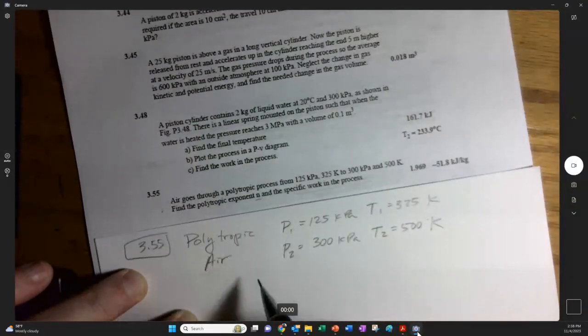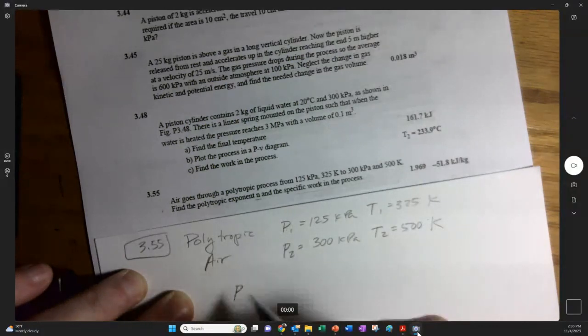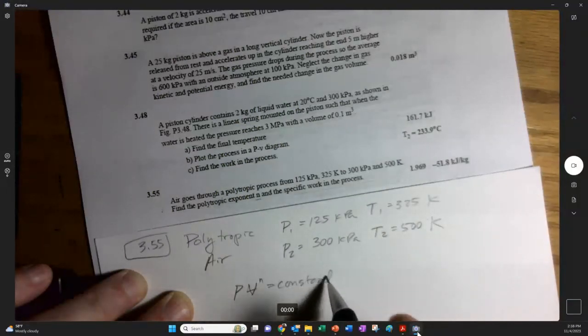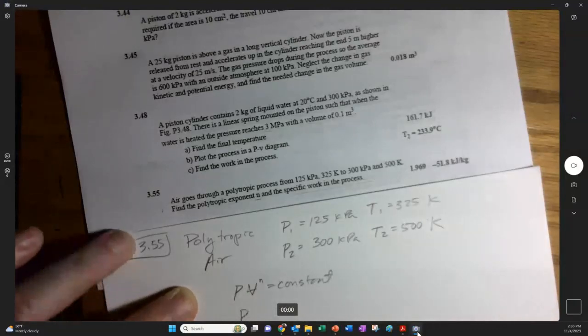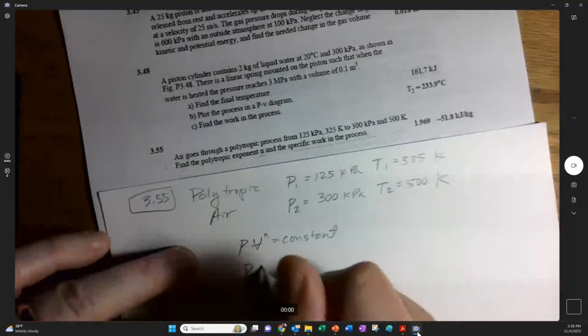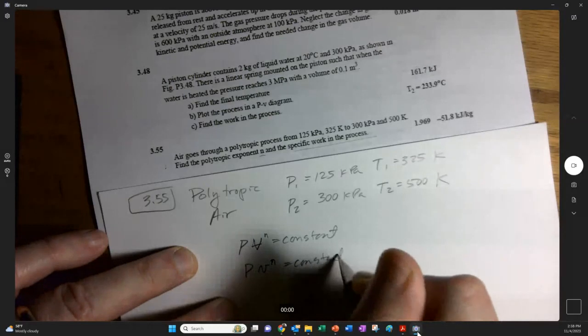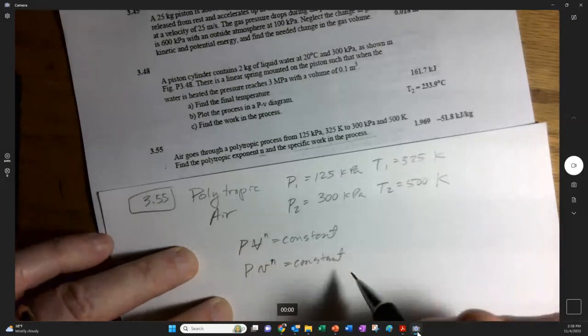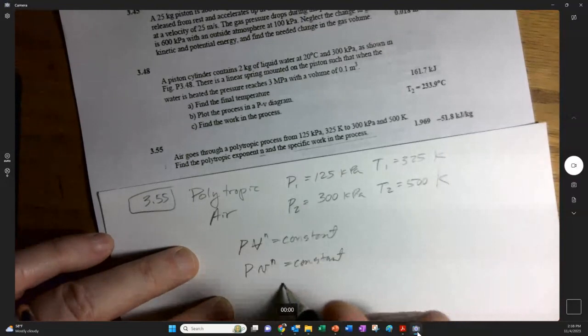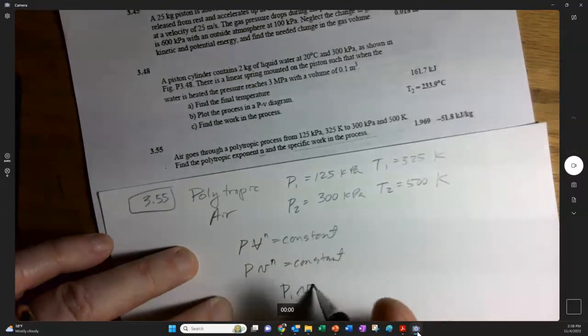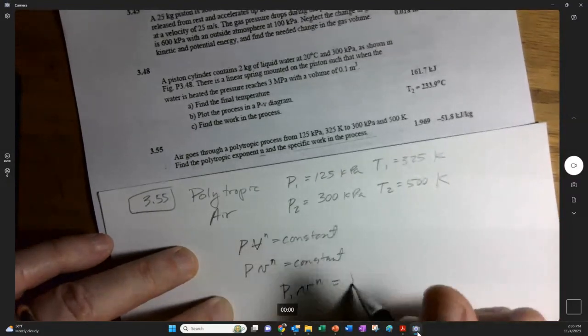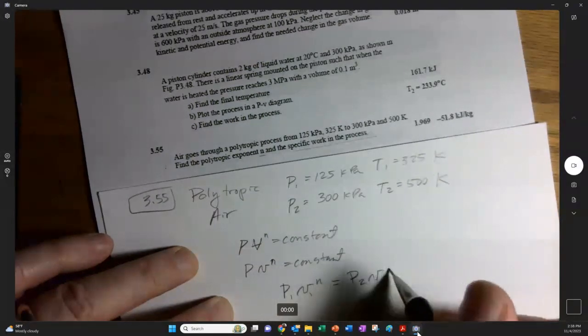I think so. But anyway, we know that for a polytropic process, we have PV^n is equal to a constant. So since they're constants, we can go P1 V1^n is equal to P2 V2^n.